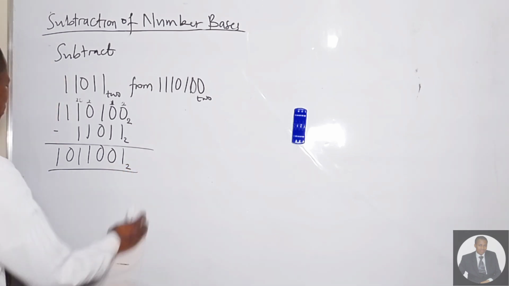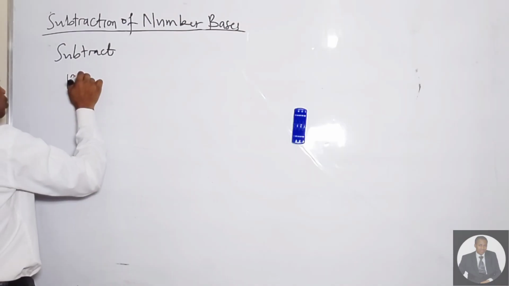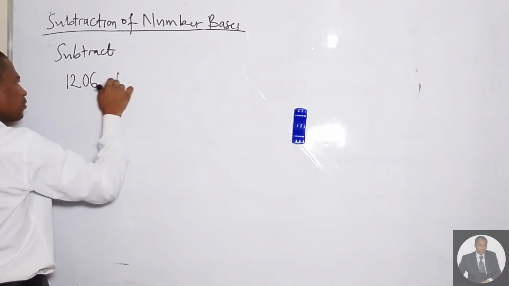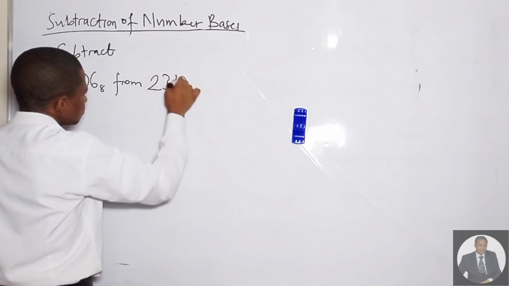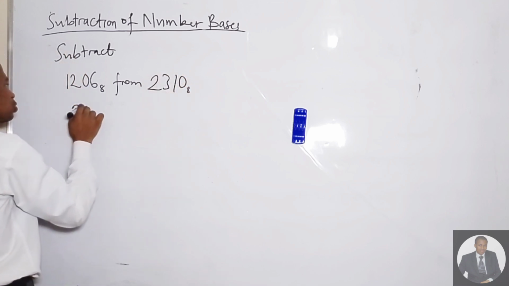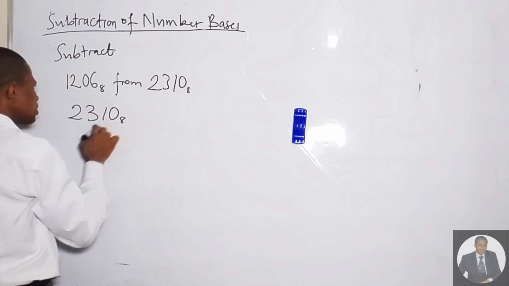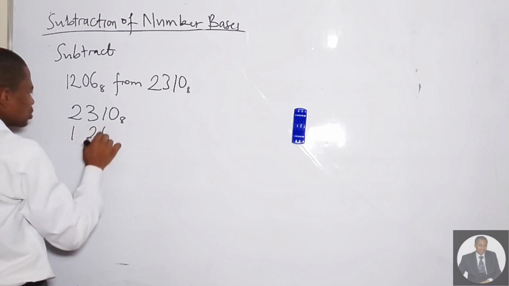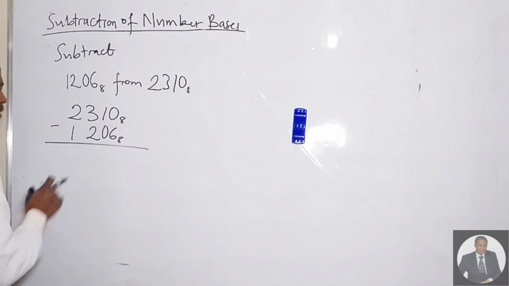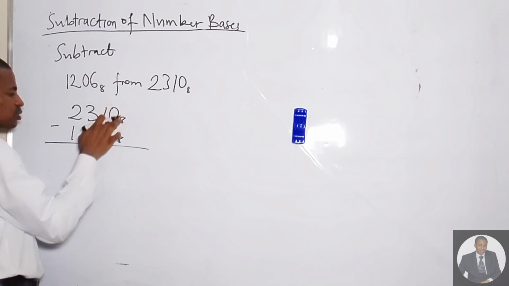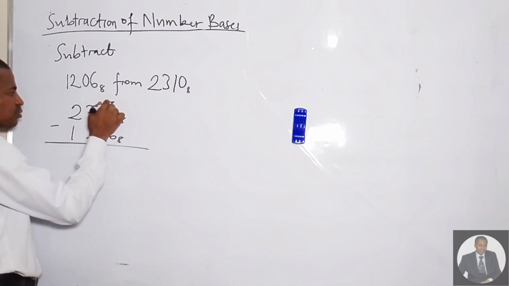1011001 base 2. Subtract 1206 base 8 from 2310 base 8. So we say 2310 base 8, 1206 base 8. We cannot take away 6 from 0, so we borrow 1 from here.